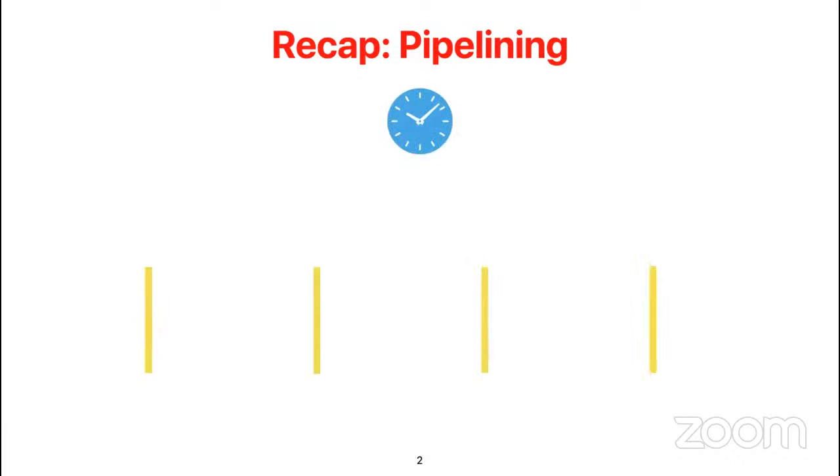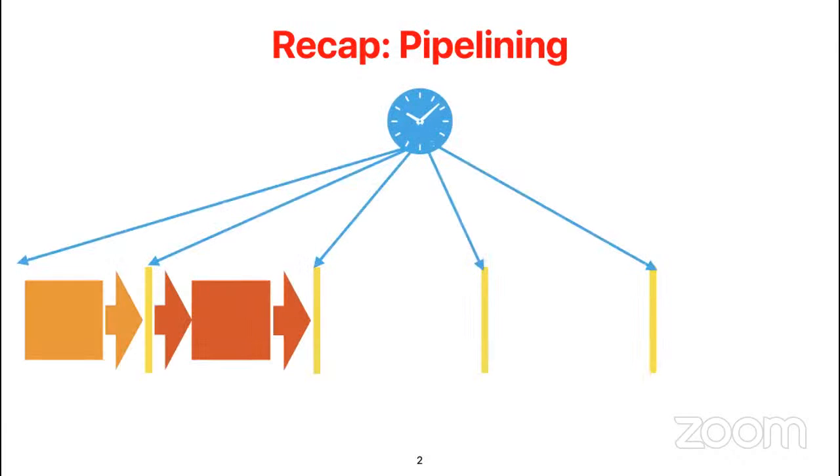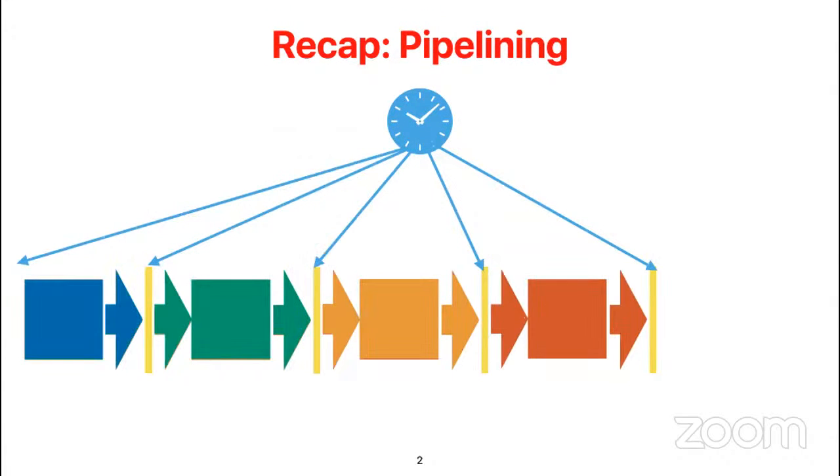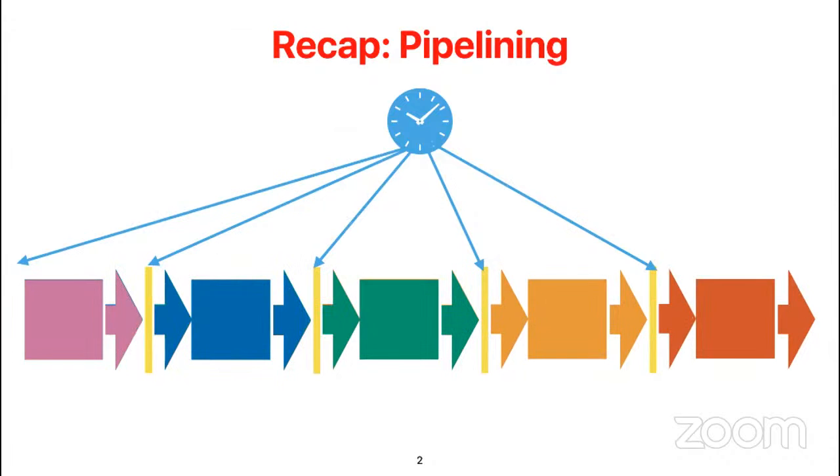So we said that for modern processors, pipelining is a very important concept, in that every processor is now kind of a pipeline processor, where a centralized clock signal controls the operation of all components, and each operation is synchronized with that clock signal.